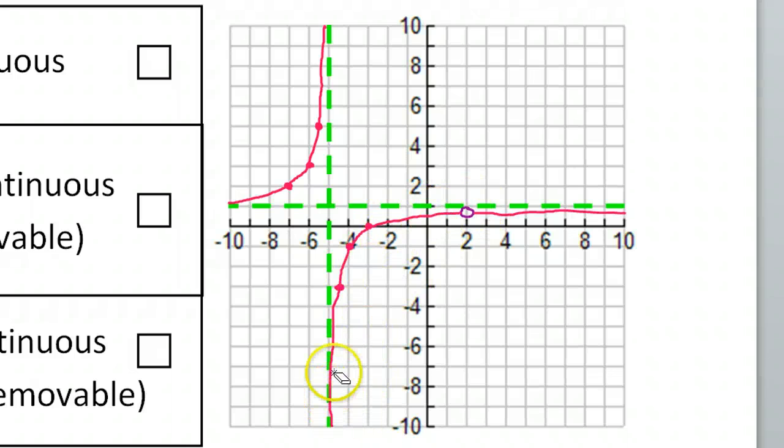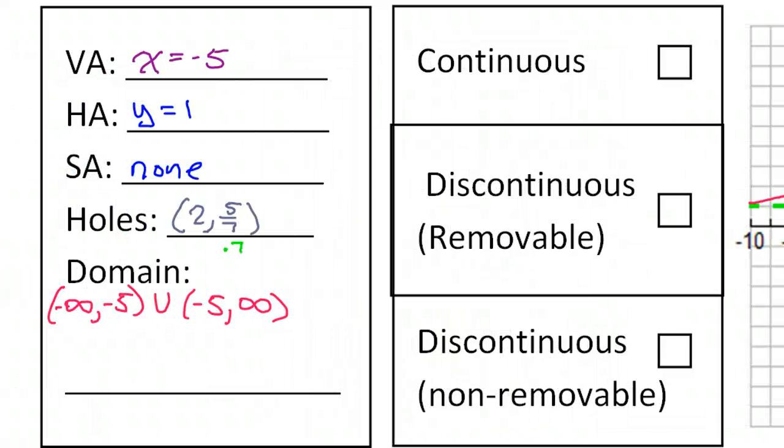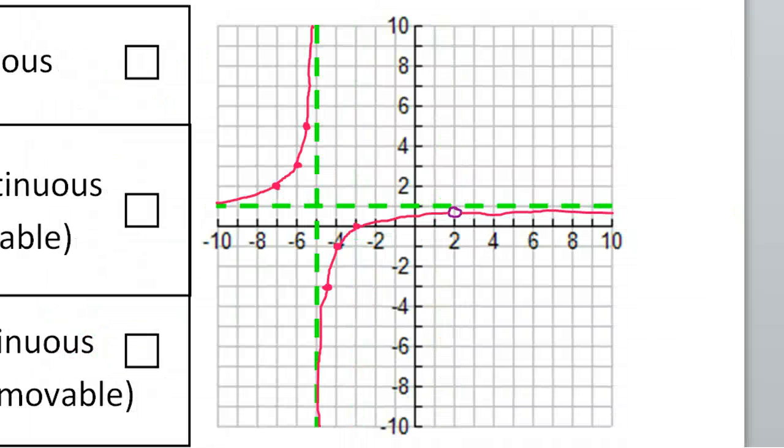So it'll be negative 5 to 2, and then 2 to infinity. So I'm going to have 3 pieces to this. So instead of having negative 5 to infinity, I'm going to say negative 5 to 2, and then union 2 to positive infinity. Okay, so basically you're going to wind up treating that hole just like another vertical asymptote, even though it's just a single point discontinuity.